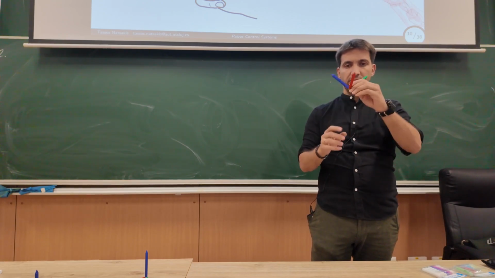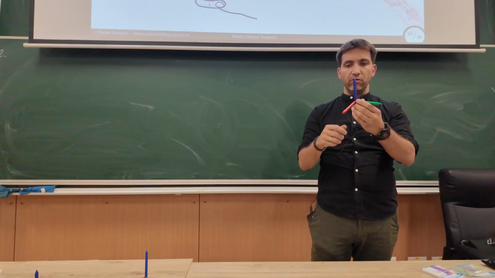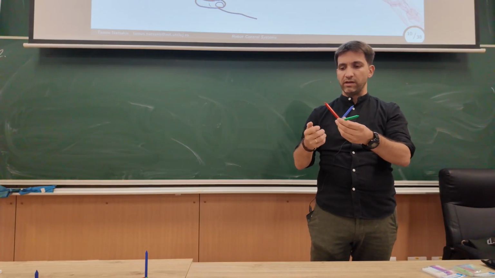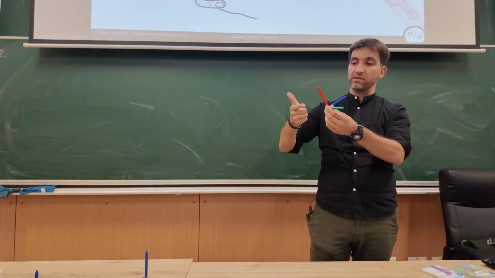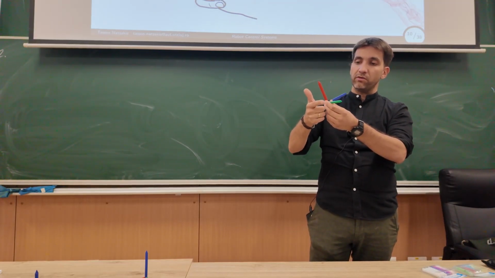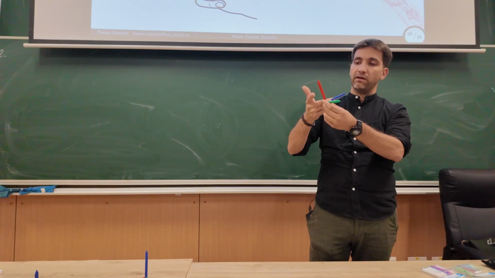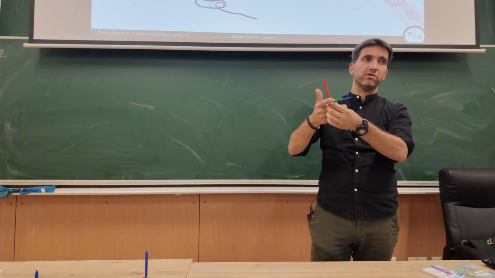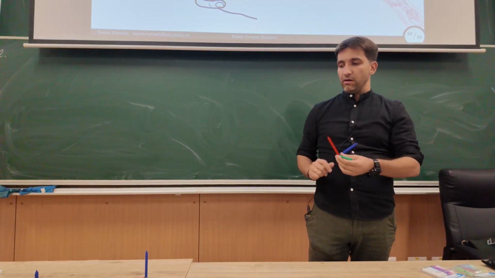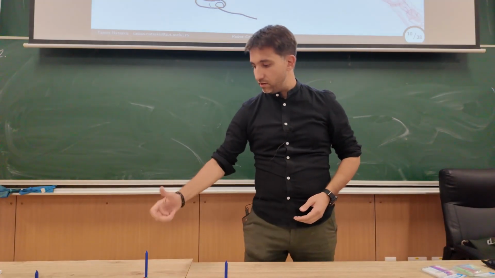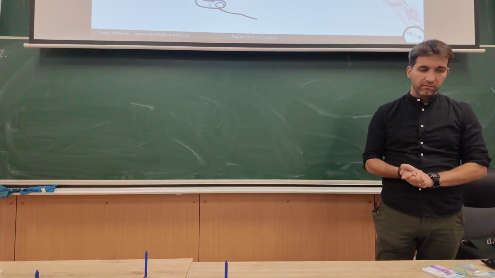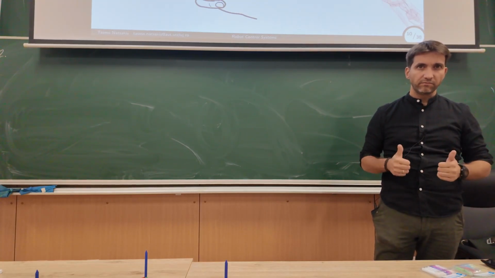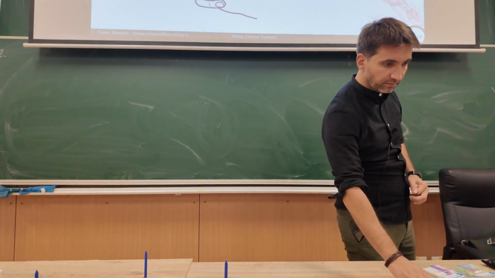We have this red, green, and blue, and if I put them correctly, I have the x-axis on the thumb pointing towards the x, the index finger pointing towards the y, and then the middle finger pointing towards the z, right? All right, I think they're all like this. All right, good.